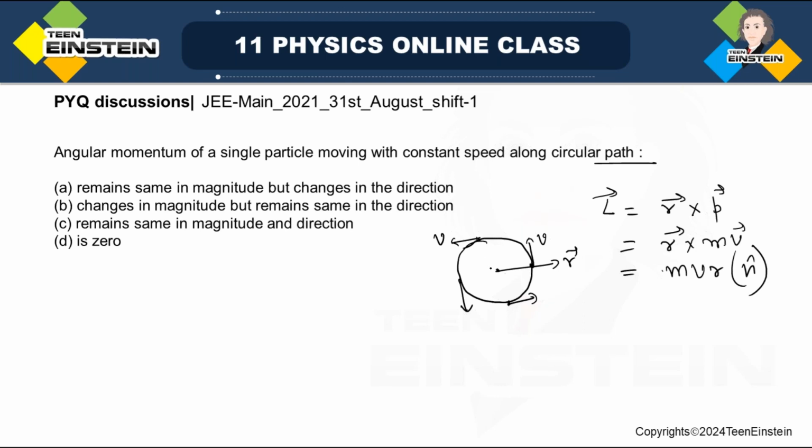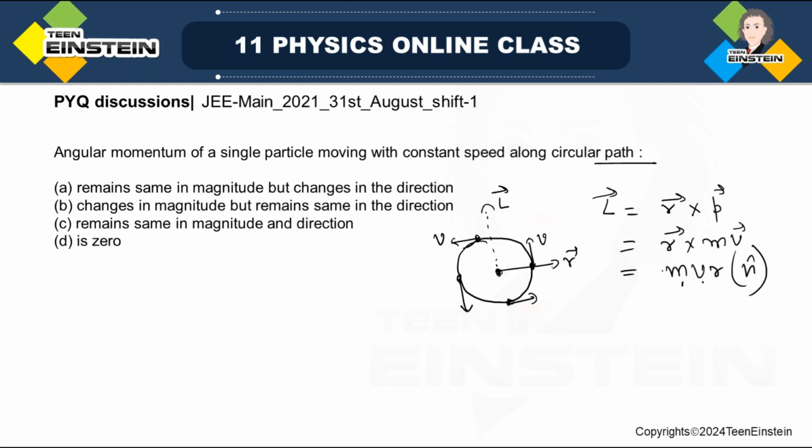Magnitude is fine, but there should be some direction, right? In which direction will the angular momentum be acting? If I take the right hand thumb rule, it will be in the upward direction if my circular path is in the horizontal plane. At this point, at this point, everywhere the direction is not going to change. So the direction of angular momentum is constant.